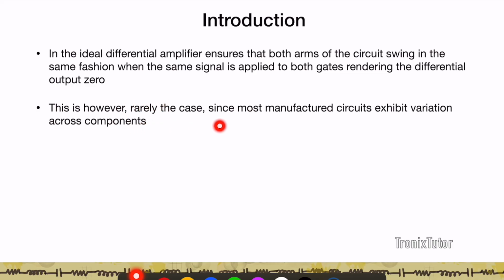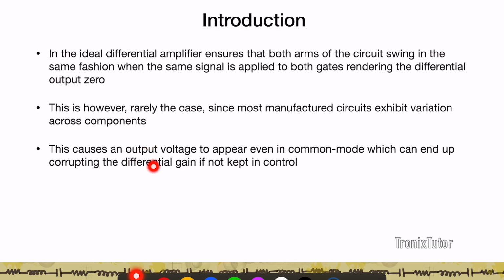It's very hard to create two circuits which have completely matched components. What we can try and do is ensure that the mismatch is as low as possible. So there are techniques to do that, but you essentially cannot do away with mismatch.